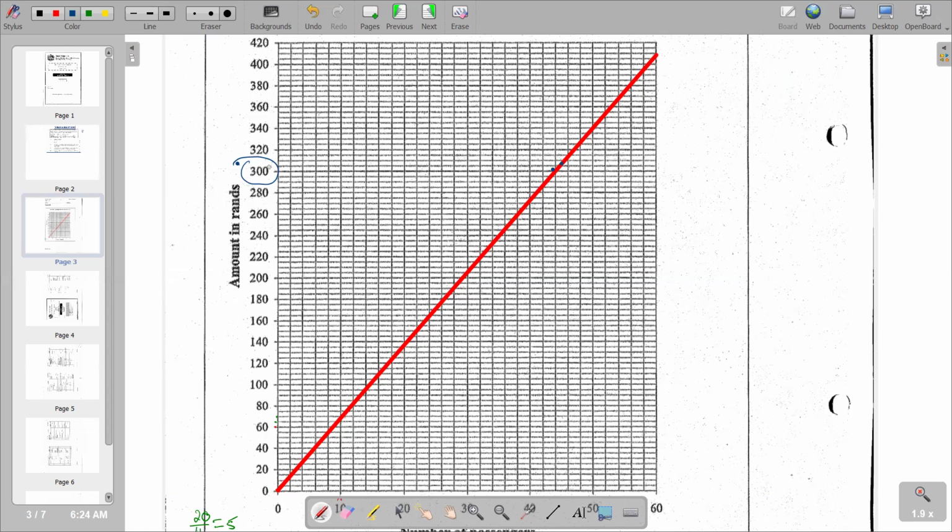In other words, 305 is here, so 306 just becomes just on top of our 305. So if we go straight from where we are having our 306, go straight to where it is touching our curve. And obviously, from there, you're supposed to go straight down to see the number that we have.